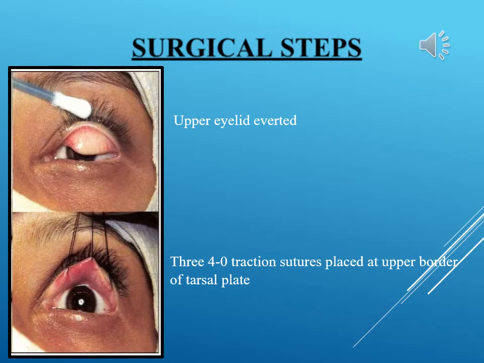Now coming to the surgical steps of the Fasanella Servat procedure. In the first step, the upper eyelid is everted using a Desmarres retractor, and curved hemostats are applied to include the desired amount of tarsus and the conjunctiva-Muller's complex. This is followed by three 4-0 traction sutures which are applied at the upper border of the tarsal plate.